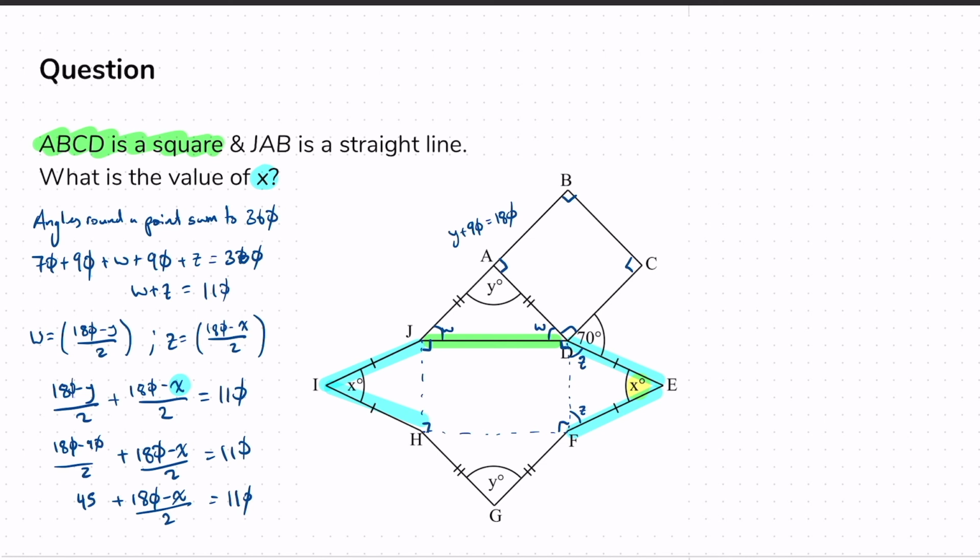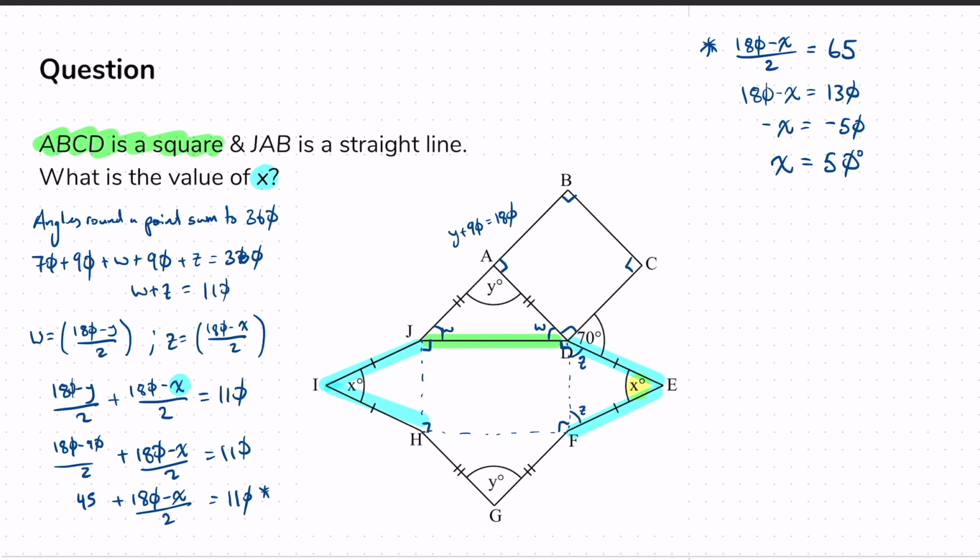So 180 minus X over 2 is equal to 65. Now I'm going to times both sides by 2, which gives me 130. I'm going to take away 180 from both sides, which gives me minus X. 130 take away 180 is minus 50, times both sides by -1, and X is equal to 50 degrees.